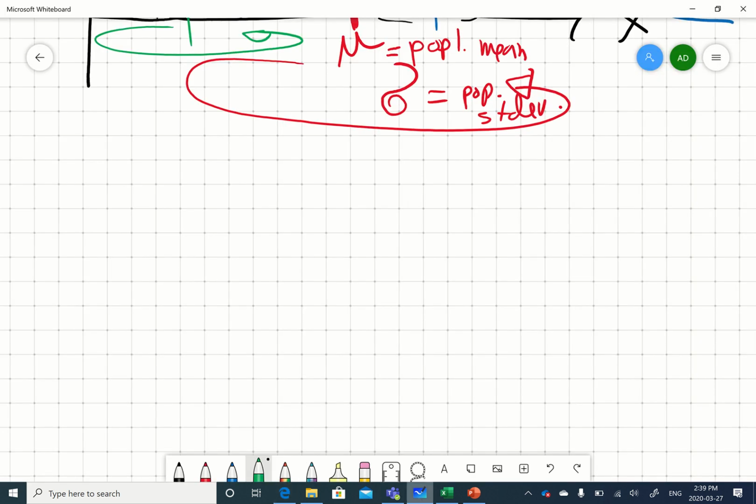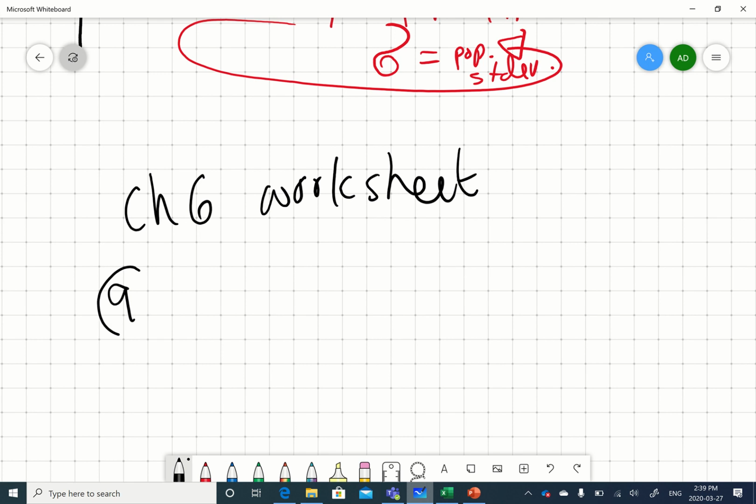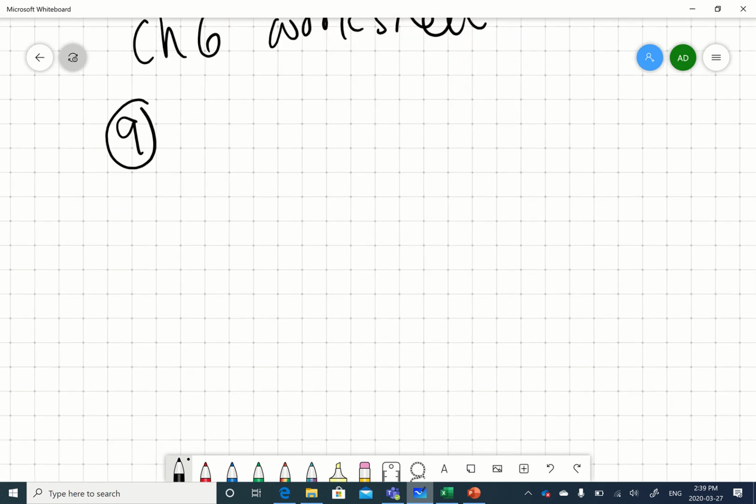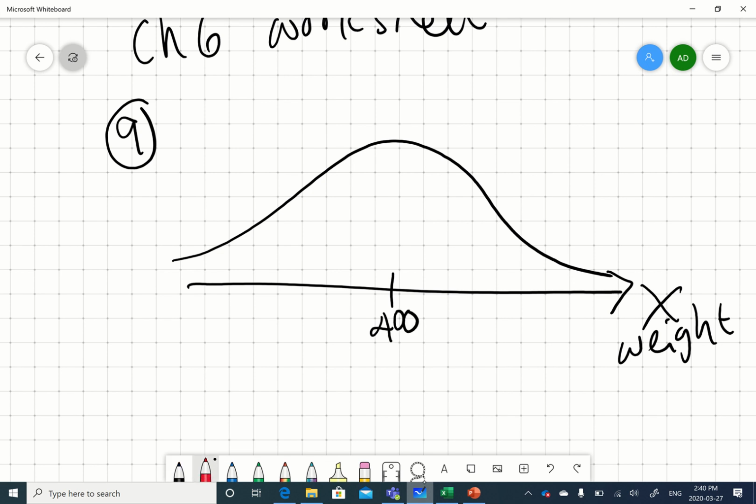If we sketch the graph, your variable is the weight, and it happens to be a normal distribution, symmetric around the mean, 400. The question asks what is the area between 400 and 415.